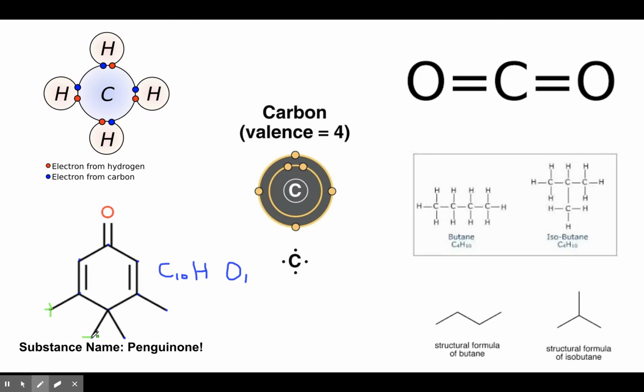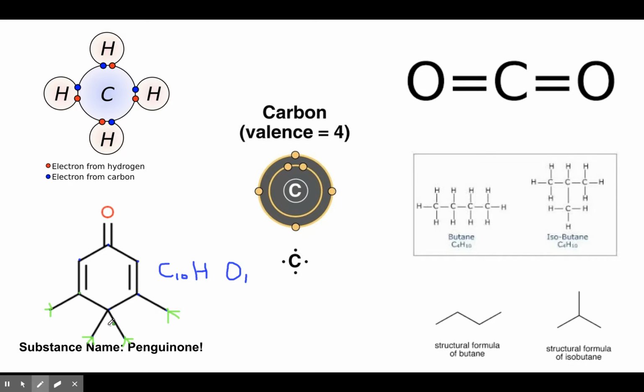Same with this carbon right here. And same with this one. And this one. If you're asking how did I get that? Well, let's look at this now. This carbon now has 1, 2, 3, 4 covalent bonds, making it stable. Now it has a total of 8 electrons in its outermost shell. Okay, so that's 12.